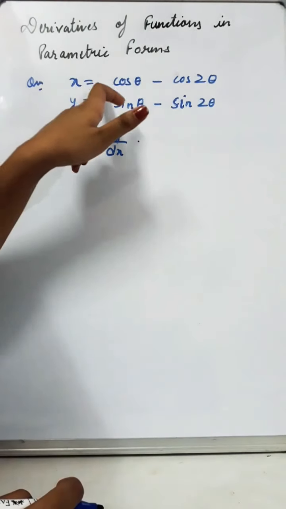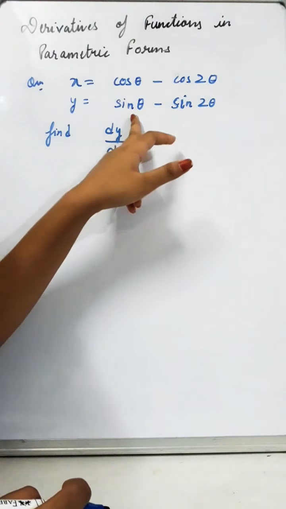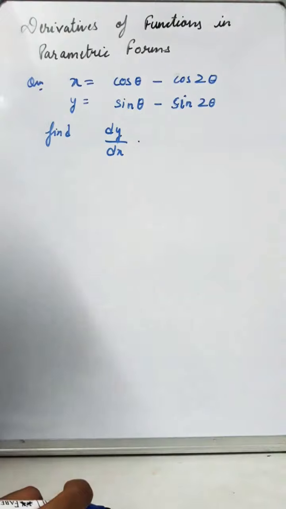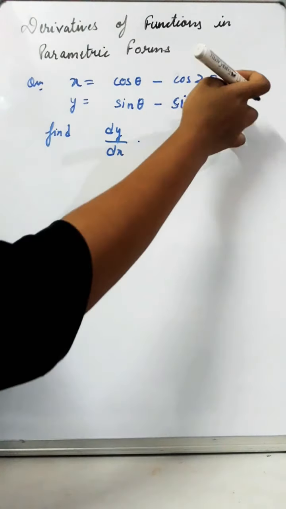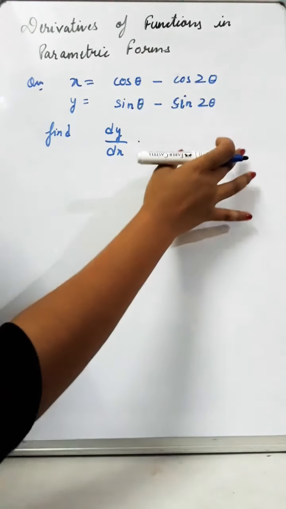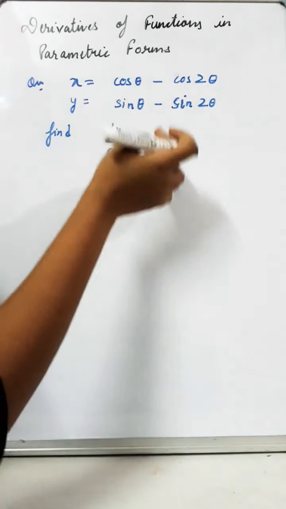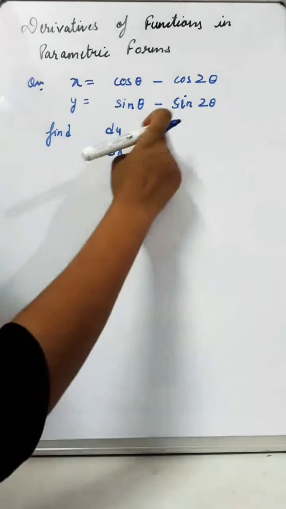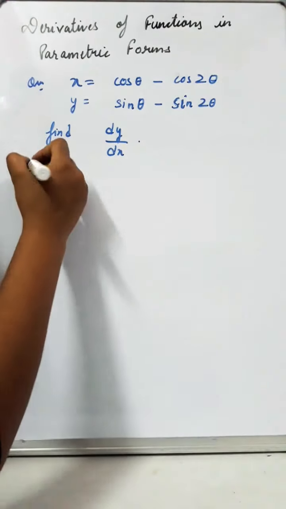Now, x is cos theta minus cos 2 theta, and y is sin theta minus sin 2 theta. Find dy dx. You see x is expressed in terms of theta, which means the parameter involved here is theta for both of them. So to find dy dx, first you will individually differentiate both x and y with respect to theta, because that is all you can do.